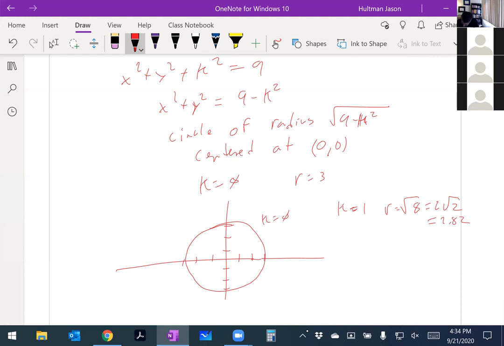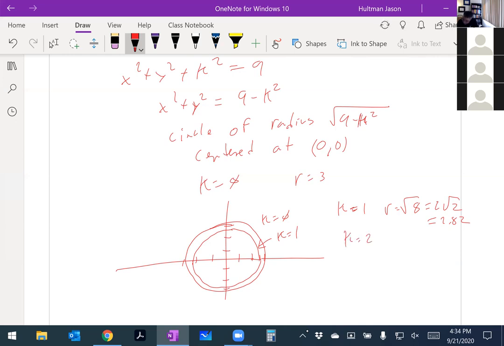Okay, and so we get this radius of 2.82. Again, my circles are going to suck, so apologize for my sucky circles already. But we get this guy there, and that's going to be k equals 1. What about k equals 2?